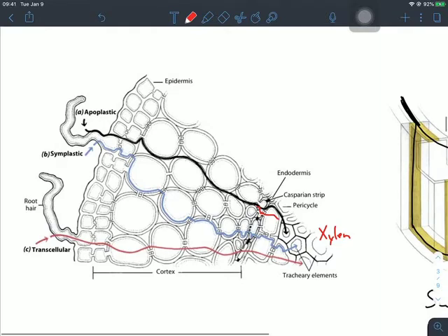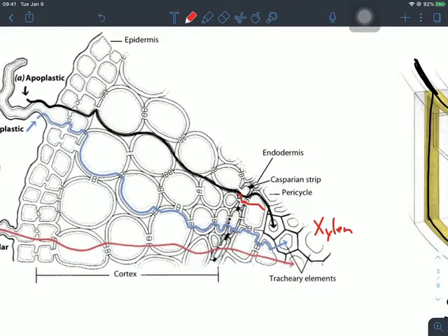Now, if water starts moving symplastically, starting inside the cell, it will always move via the cytoplasm and the plasmodesmata. It will not have to change its trajectory when it gets to the Casparian strip because it never contacts the Casparian strip, just moves via plasmodesmata and eventually gets into the xylem.